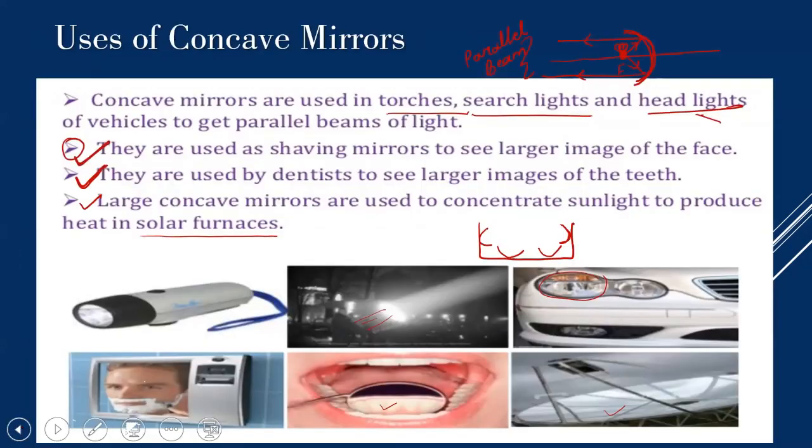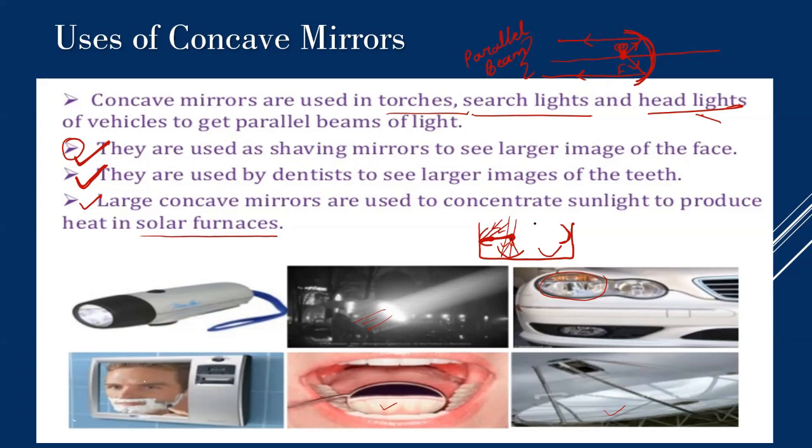So when these rays come in parallel form like this, we know whenever the rays come in a parallel form, they get concentrated at the focus. So this is the way they get concentrated at the focus.